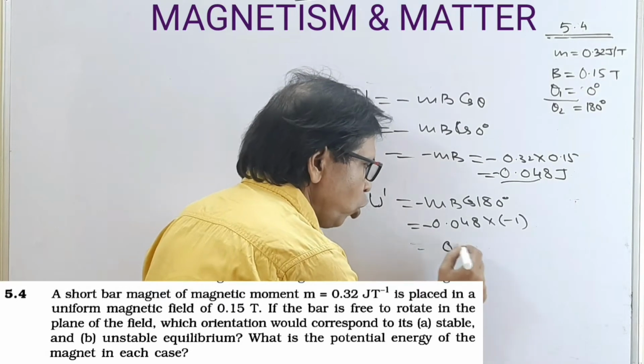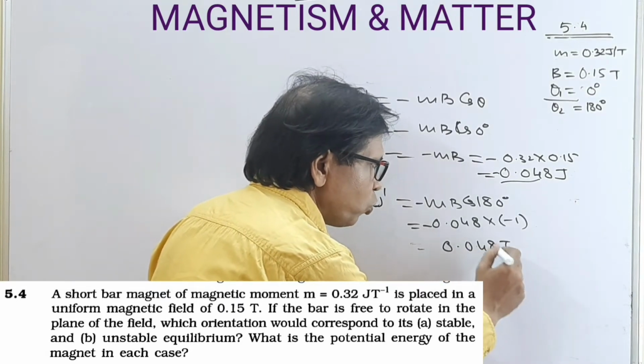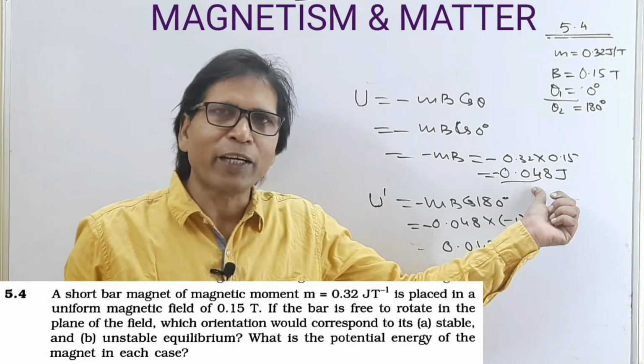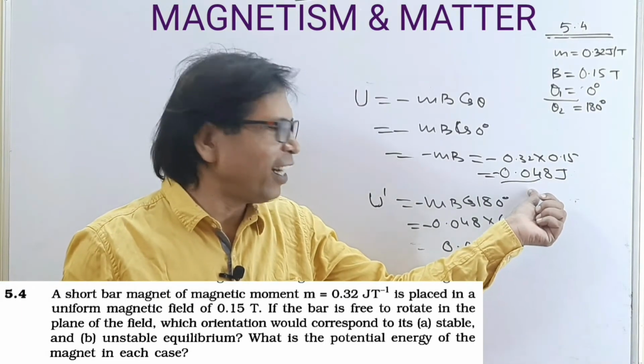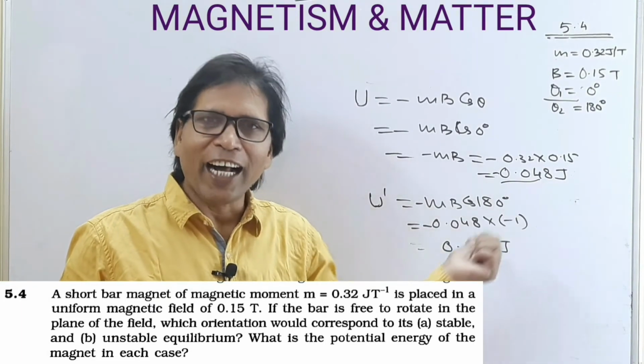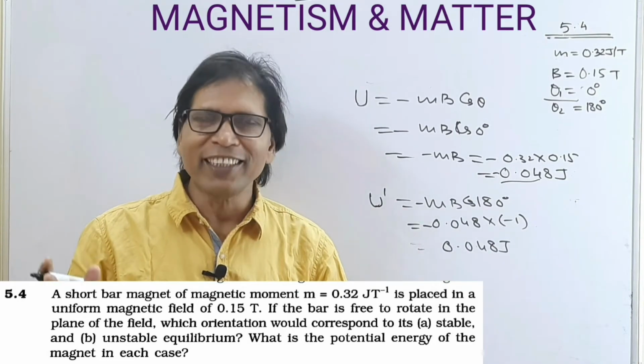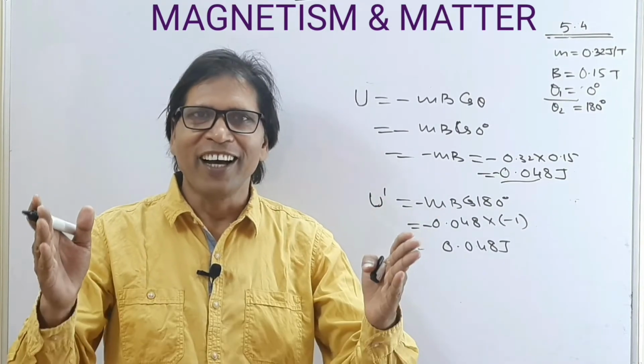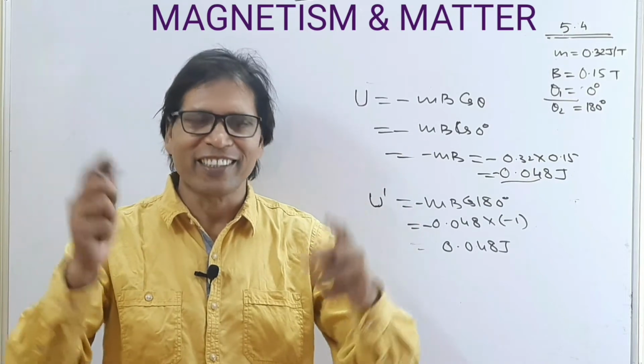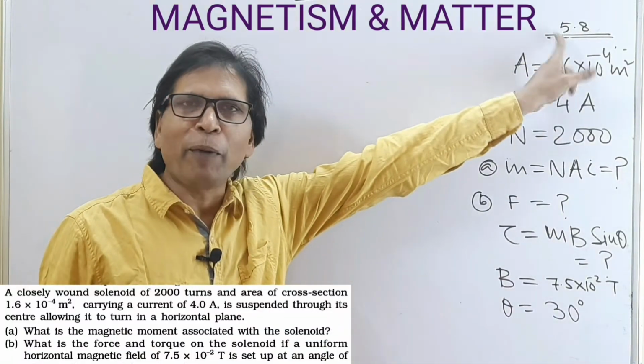So this is 0.048 joule. So in stable equilibrium, potential energy is negative, and in unstable equilibrium, potential energy is positive. Understood? Now next. Now NCERT 5.8.